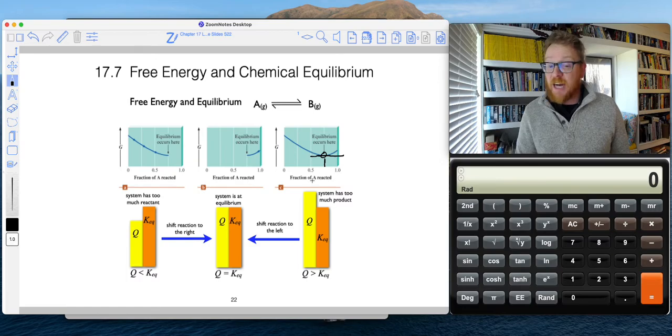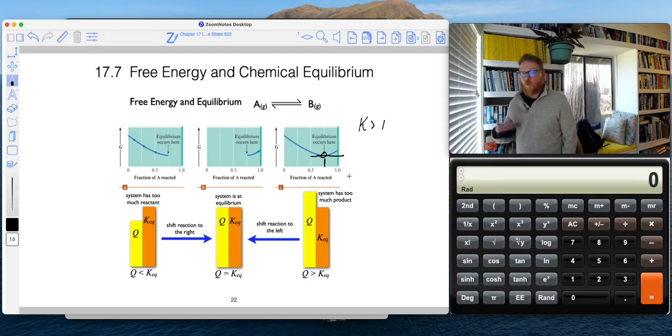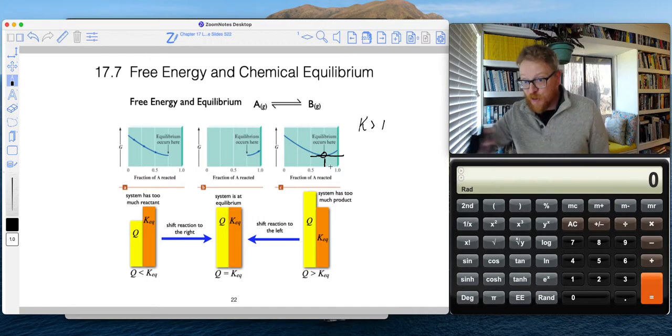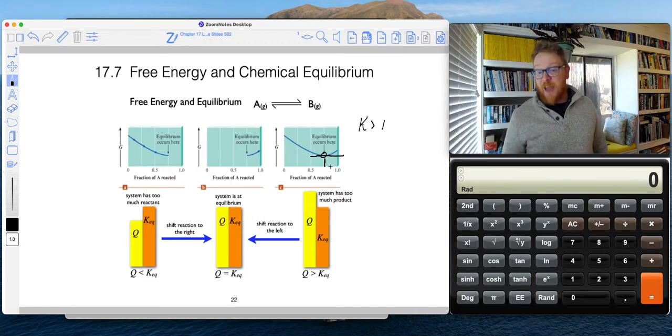So this reaction would tell us that K is greater than 1 because my equilibrium position right here is occurring with the majority of A reacting. For example, if this equilibrium was right at the 1.0, there would be no equilibrium at all. It would just be a complete reaction.